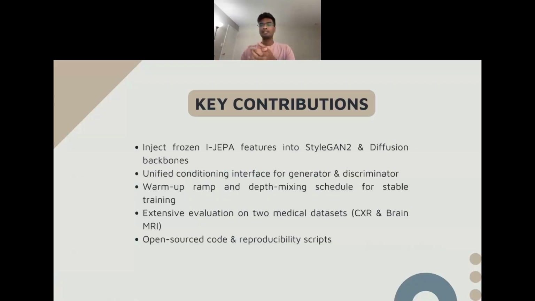We conduct the experiments on two medical datasets, the chest X-ray dataset and the brain MRI dataset. The code is available on my GitHub, and there are steps you can follow to reproduce the results.